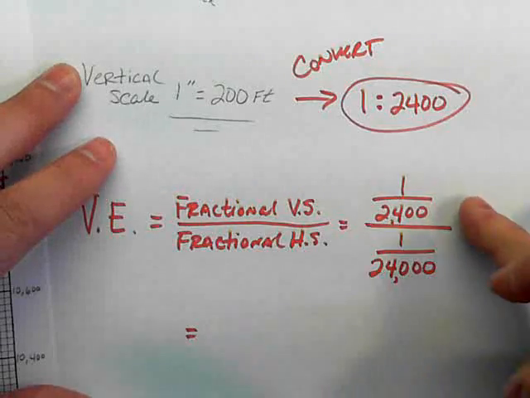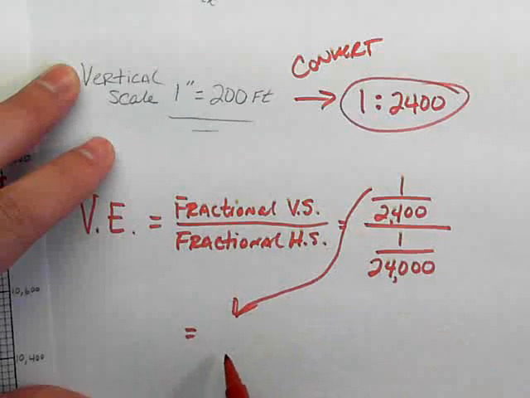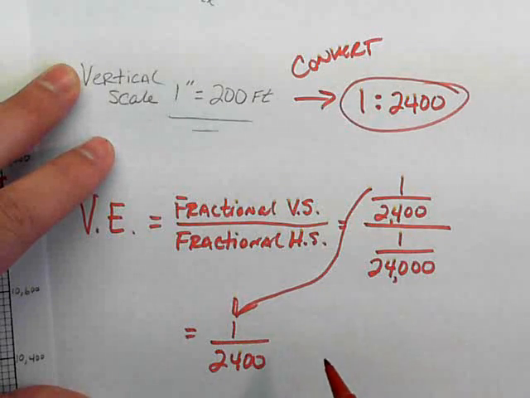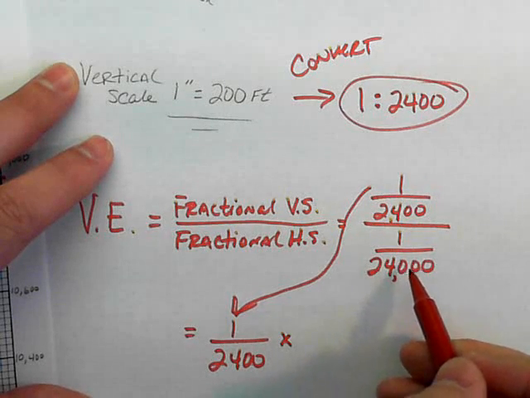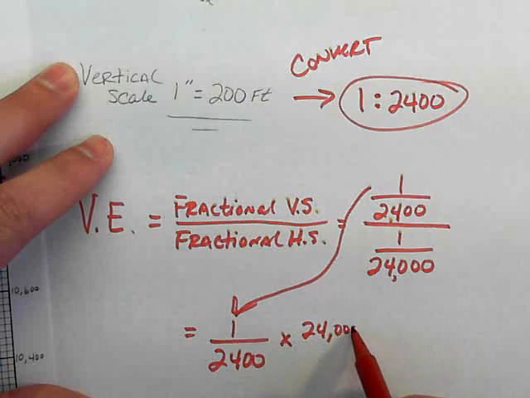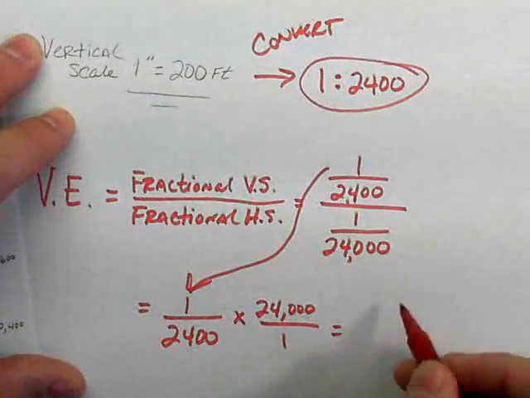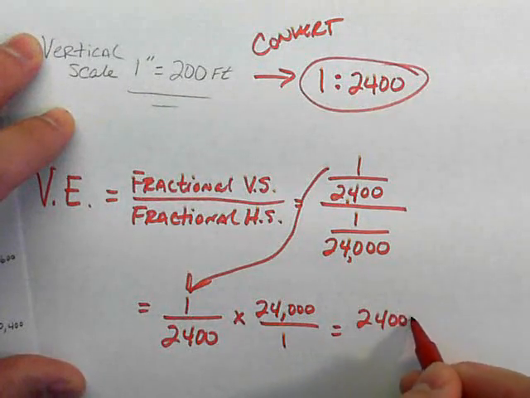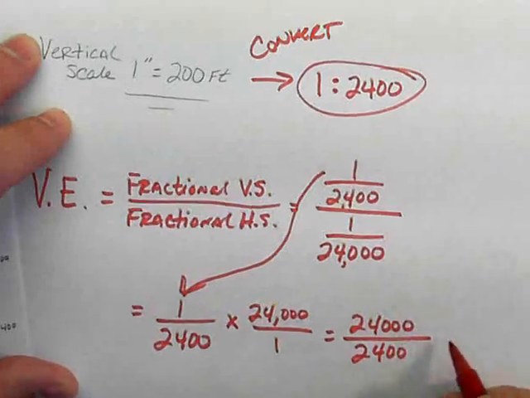When we divide fractions, what we do is we take the top fraction here and just bring it down, and then we multiply it by the reciprocal of this one. So we need to flip this one. Now 24,000 is on the top, the 1 is on the bottom. So this ends up being 24,000 divided by 2,400.